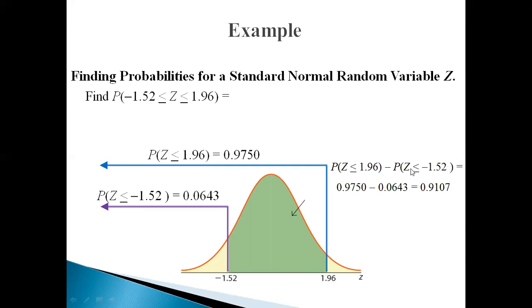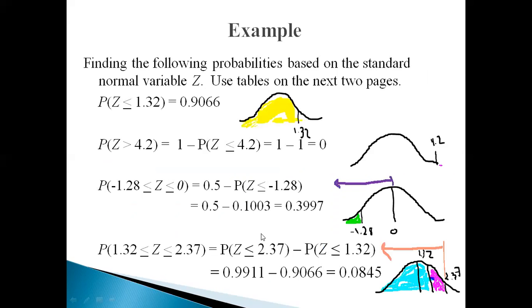Take that probability, subtract off the other one, and we get 0.9107 for the probability of the green area. Again, we're taking the whole thing, then subtracting off just that part, and that gives us what's in green. This is how I do it, just arbitrarily drawing figures to help me understand what the question is asking.